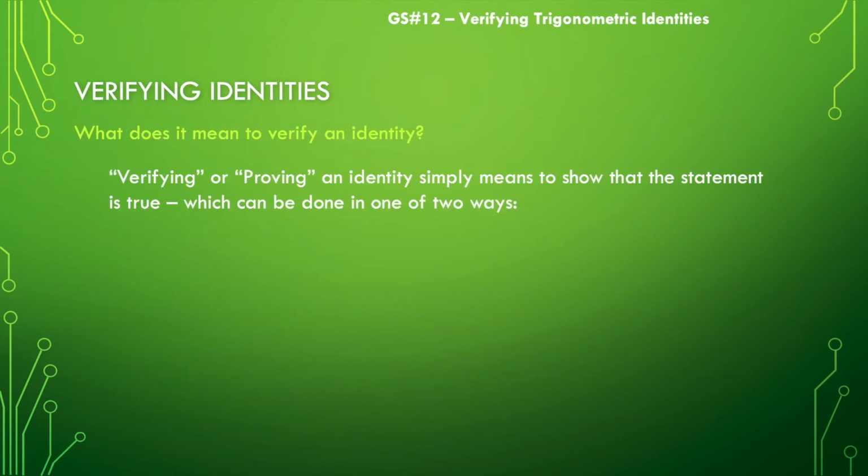So what does it mean to verify an identity? Well, verifying or proving an identity just means that we are going to show that the statement is true. There are two main ways that we can do that. One is we can show that one side of the equation is equal to the other by manipulating just one side of the equation.